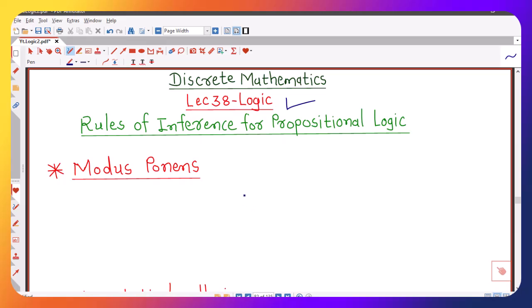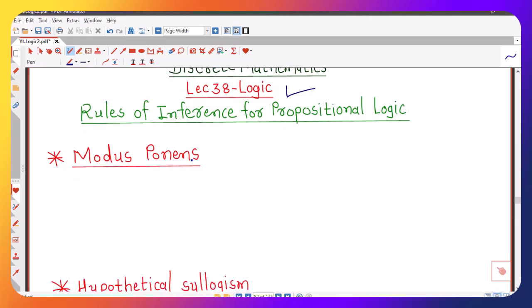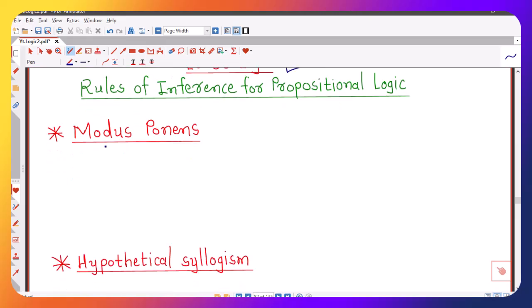If you recall, we have discussed two rules of inference for propositional logic and they were modus ponens and hypothetical syllogism. What is modus ponens? It says that whenever P and P implies Q are true, then the conclusion is Q, that is, Q is also true.